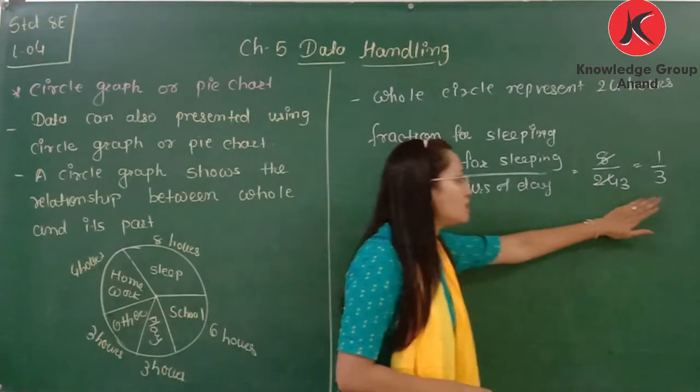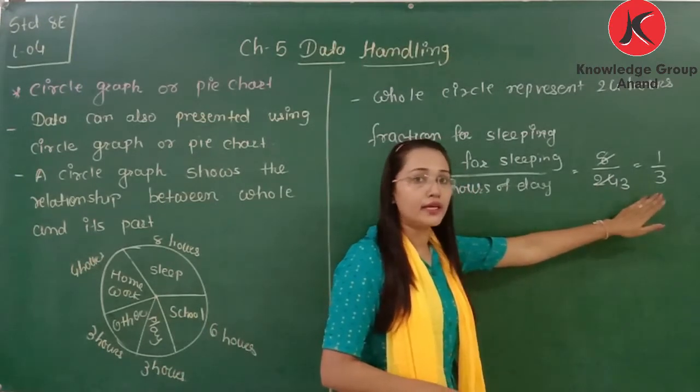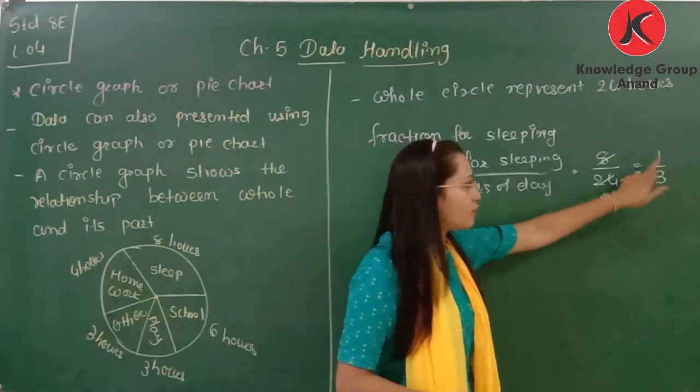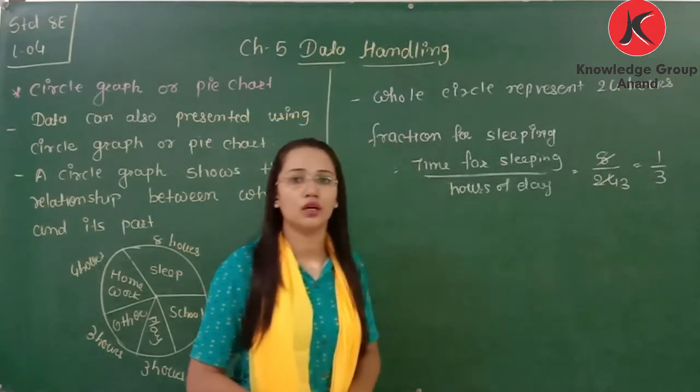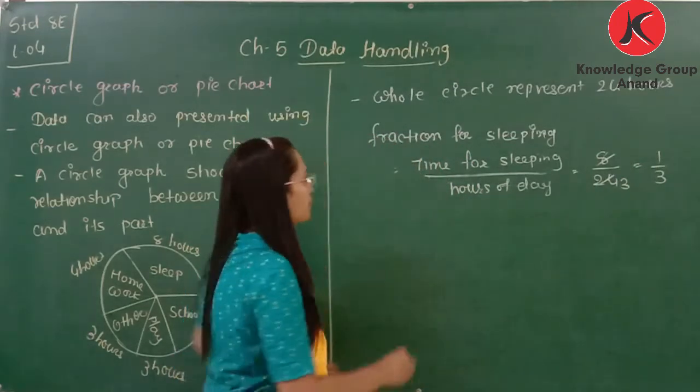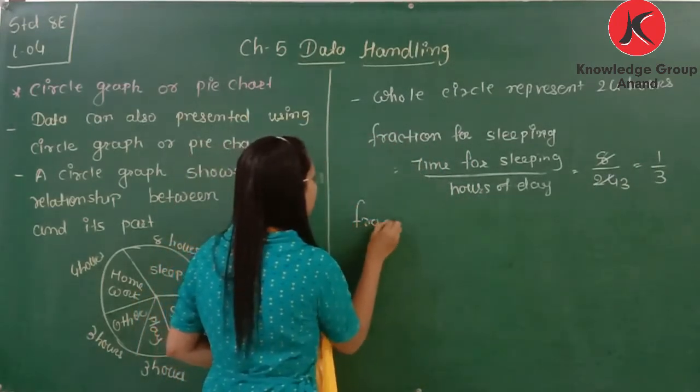Means if we divide the whole circle into 3 equal parts, then one part is given to sleeping hours. Clear?